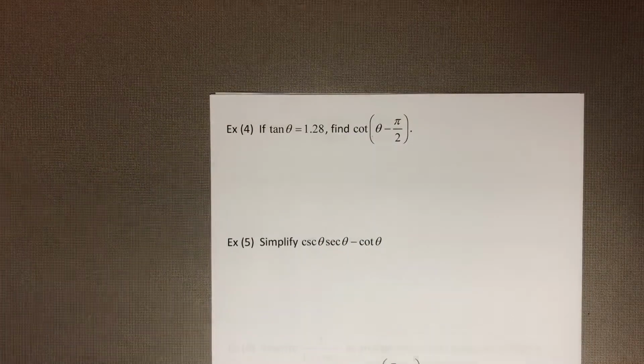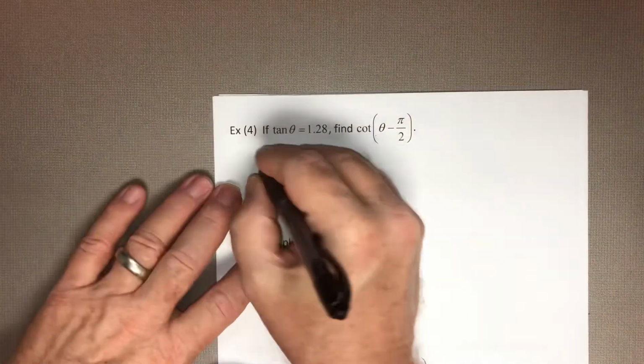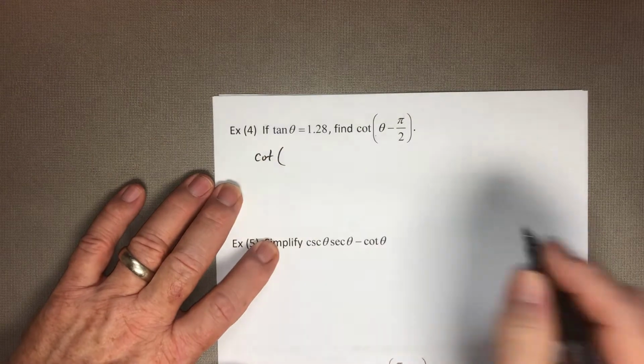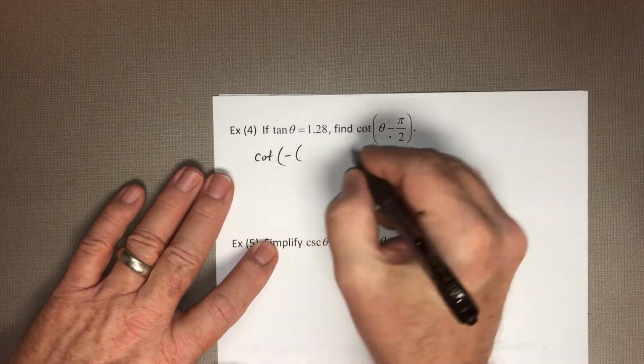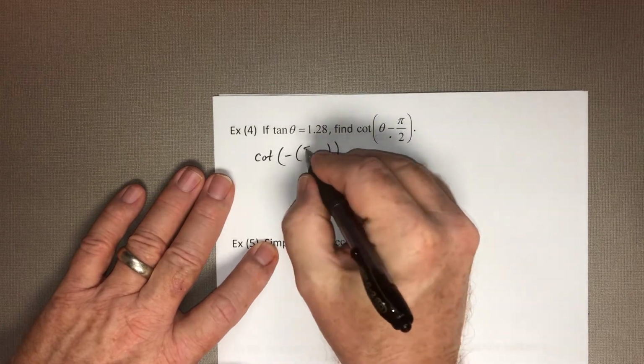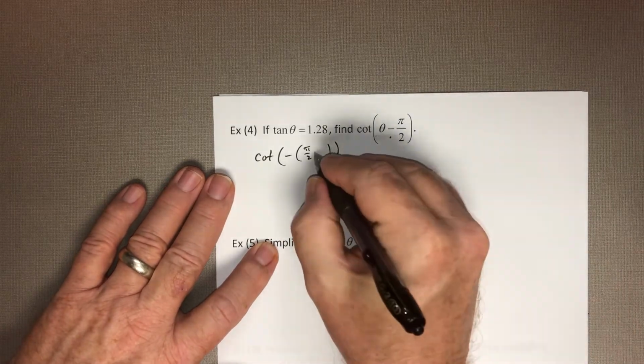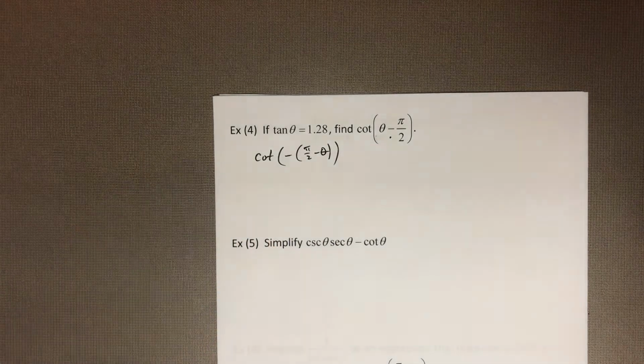So what I'm going to do is rewrite this as the cotangent of, I'm going to factor out that negative, and then inside I would have pi over 2 minus theta, all right?